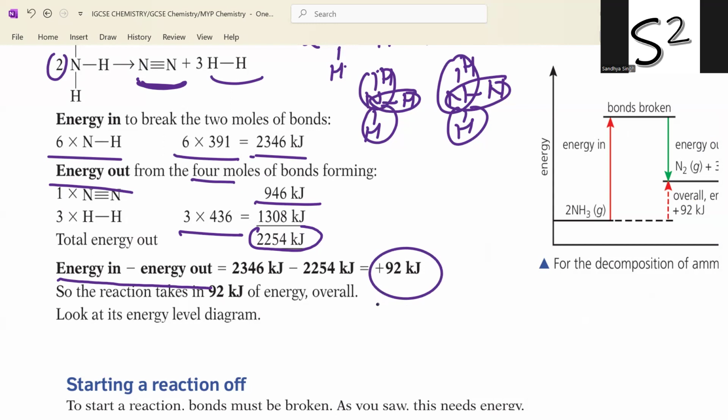Because the answer is positive, it means the reaction is endothermic. It says that the energy absorbed is more than the energy released.